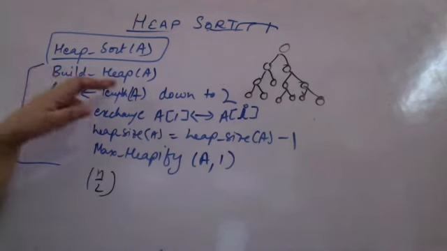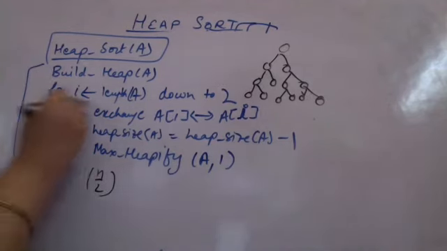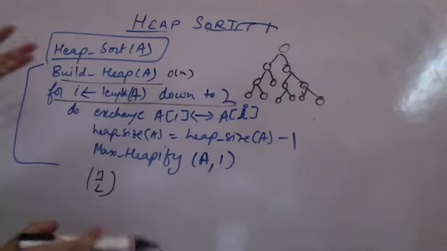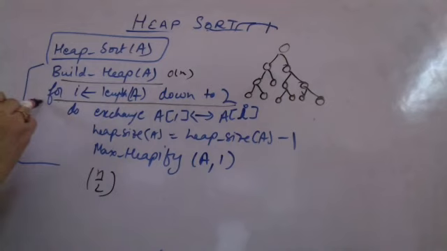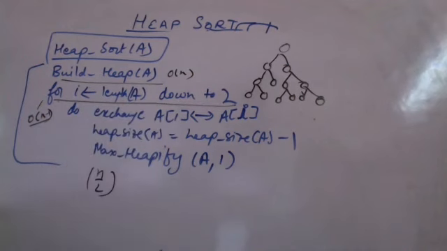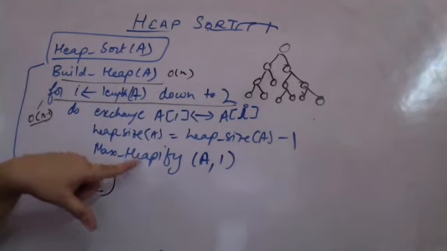So the procedure is going to take of the order. Now build heap is supposedly taking this for loop. Build heap is also taking of the order n time, linear time to build the heap. This for loop is again taking of the order n time, n minus 1 technically. I runs from length down to 2. Then I am calling this max heapify.